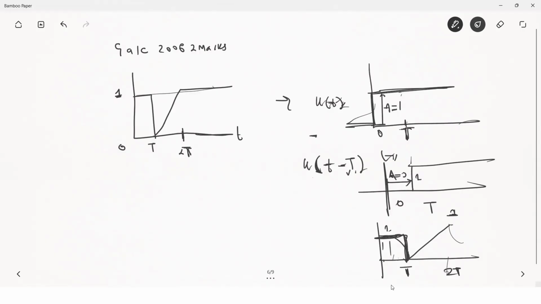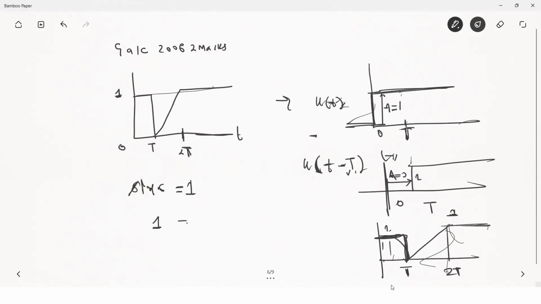Now, if you notice this ramp function on the y-axis, if you take the slope of this function, what is the slope? dy by dx, right? So the slope of this function should be equal to 1. This is only possible if this is equal to your c.